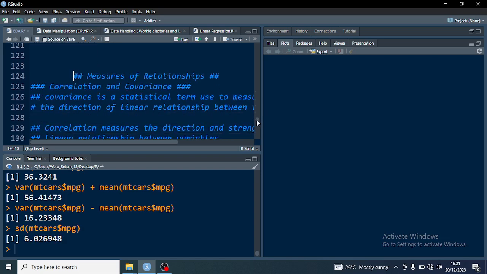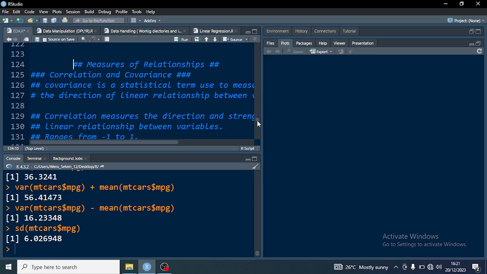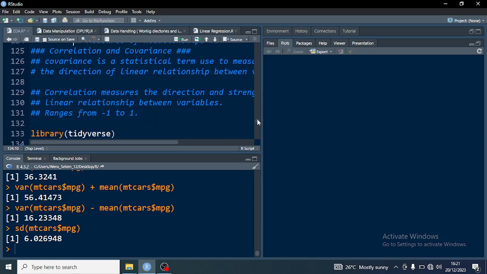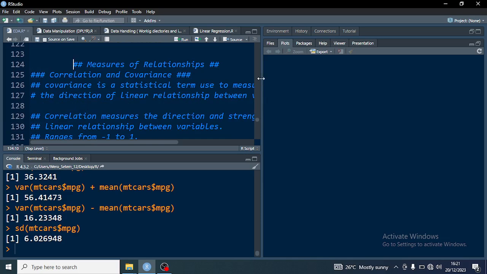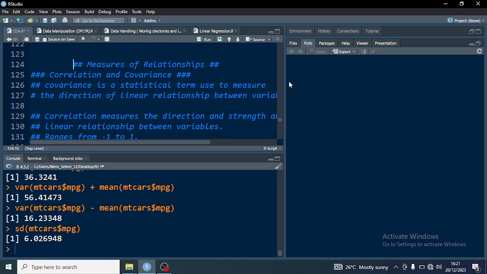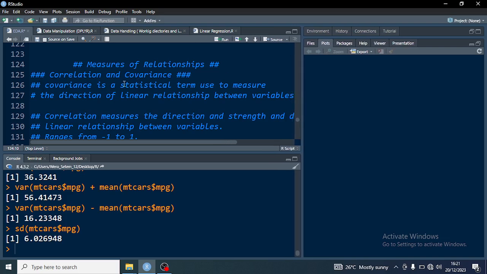And finally, let's look at the measures of relationship. In the measures of relationships, we are looking at the correlation and covariance of a matrix. Covariance is a statistical term used to measure the direction of the linear relationship between variables, while correlation measures both the direction and the strength of a linear relationship between variables.